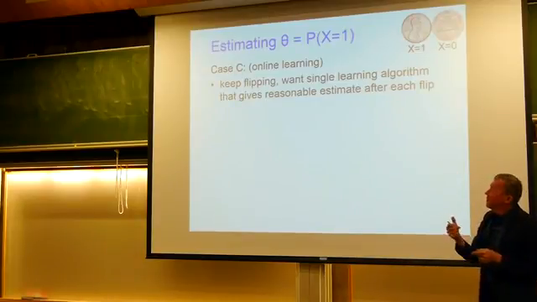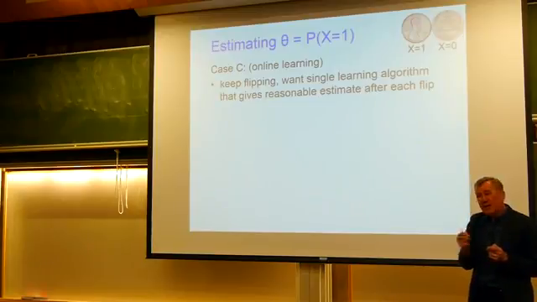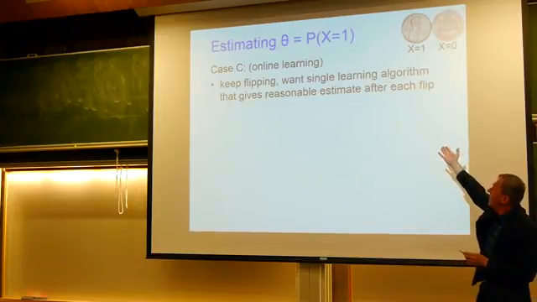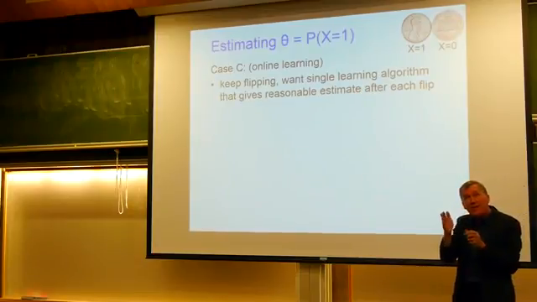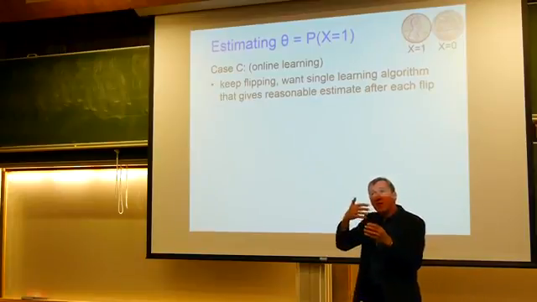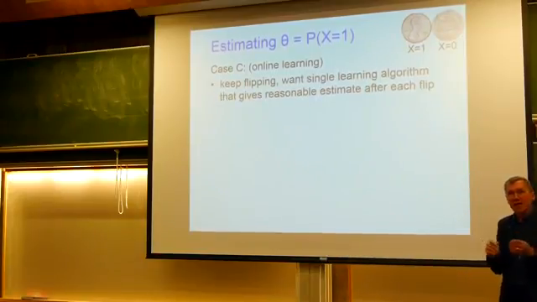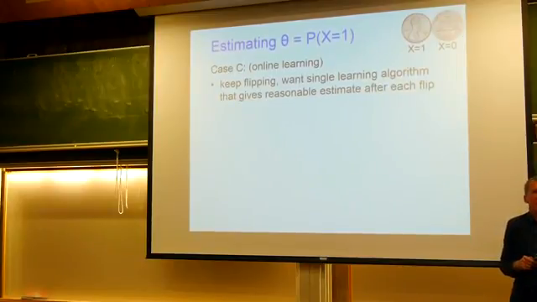So you're going to keep flipping, and initially there'll just be 1 flip, and then there will be 2, and so on up to n. I just want a single algorithm that at any given point looks at the counts so far, how many heads, how many tails, what's alpha 1, what's alpha 0, and gives me a reasonable estimate after each flip.